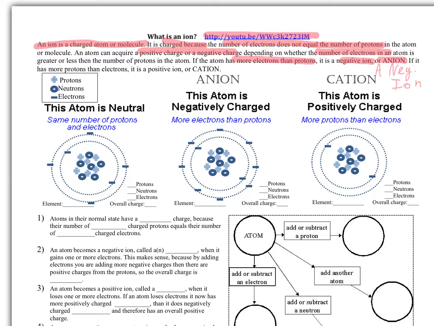The other one, if I have more protons than electrons, then it's a positive ion, and it's called a cation, because cations are positive, because cats have paws, so they're positive.